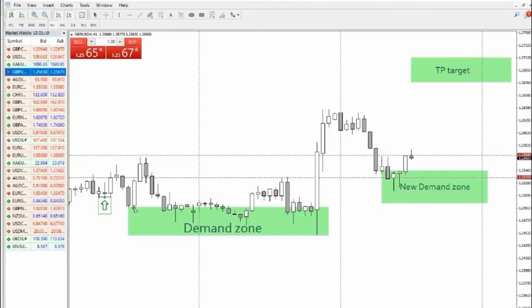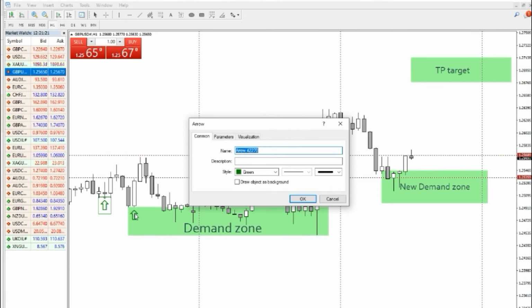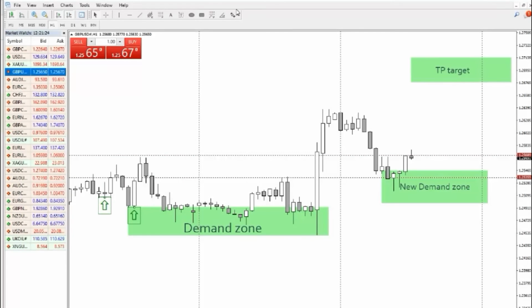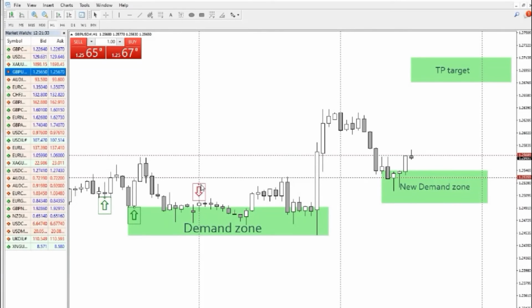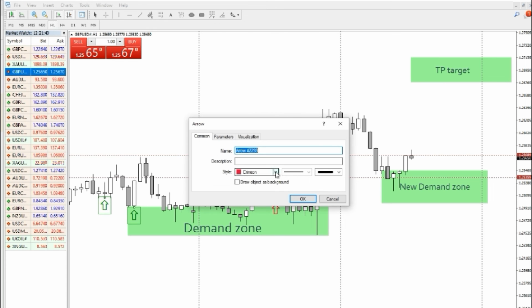Then we had multiple rejections making a resistance level around this area. Then we also had a support level around this area too.